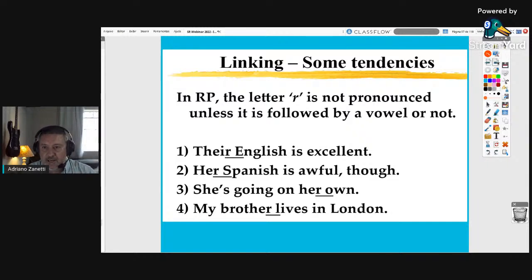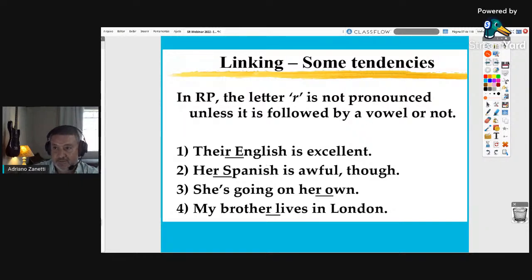And when the rhoticity is asked, so you will join the English. But when it is followed by another consonant, it is not pronounced, her English, yeah, her own. So that's how the rhotic or the rhoticity works.